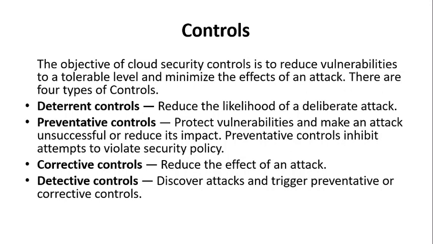Detective controls have to discover the type of attack that has happened on a system and trigger preventive and corrective measures so that the frequency of attacks is reduced. These are the different controls that have to be applied on a cloud system to maintain the cloud server in a secured manner: deterrent controls, preventive controls, corrective controls, and detective controls.